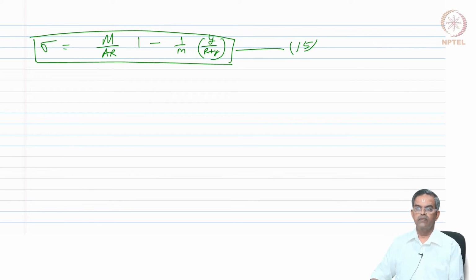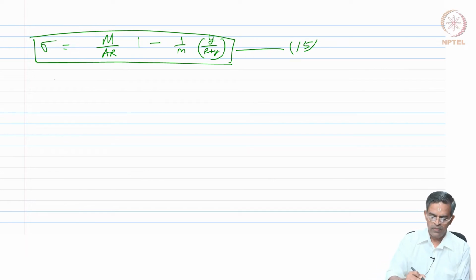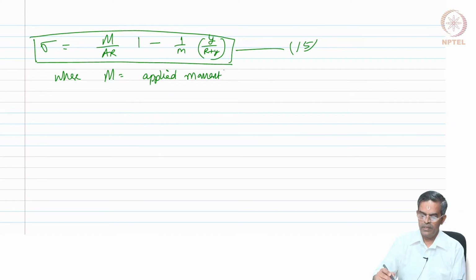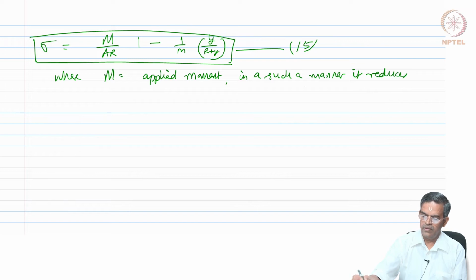Where M is the applied moment, in such a manner that it reduces the curvature.